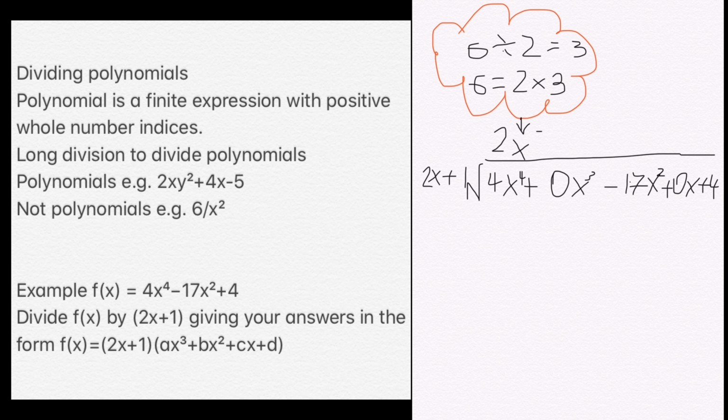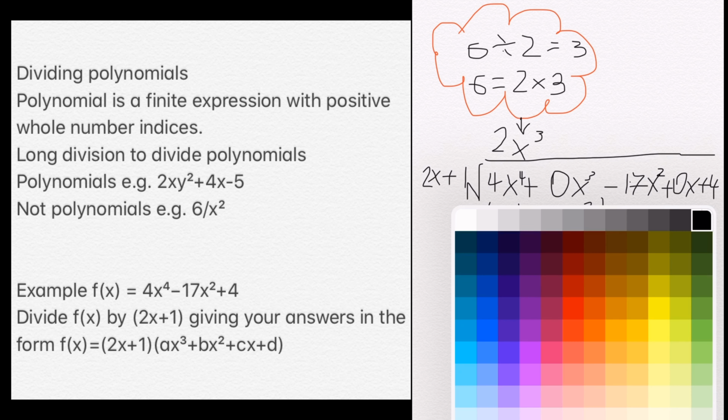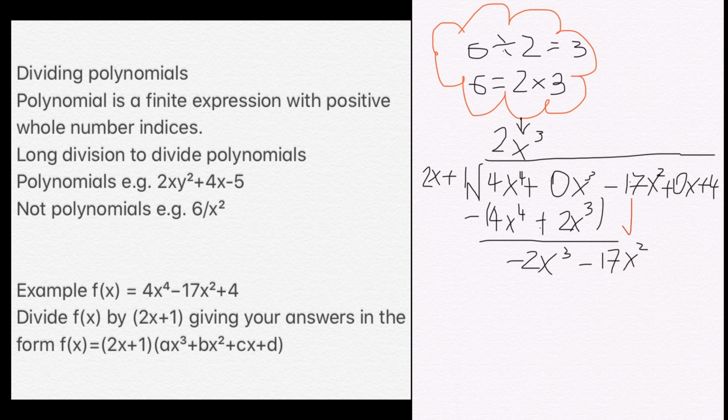You need to remember that when you are doing this kind of division, you should always add the missing term. For example, if we're missing power 3, then we'll add plus 0x to the power 3. And in this case we're also missing x, so we'll add plus 0x, so we will have the term x.